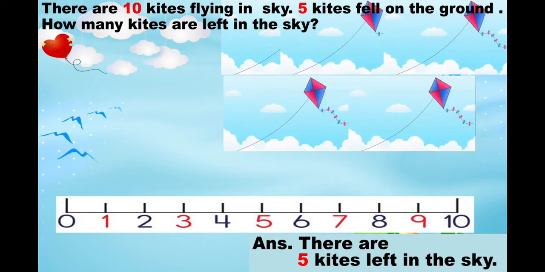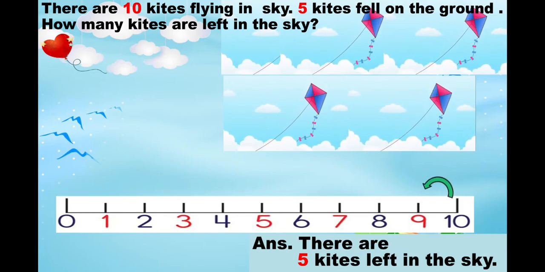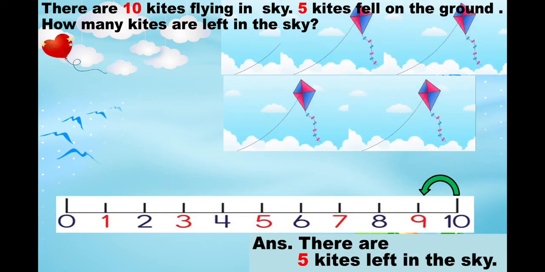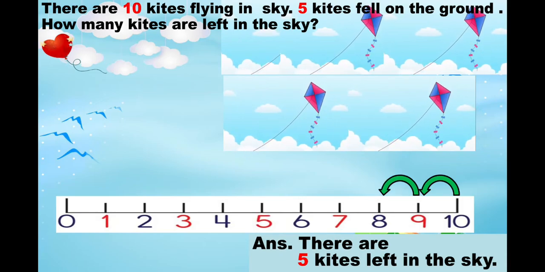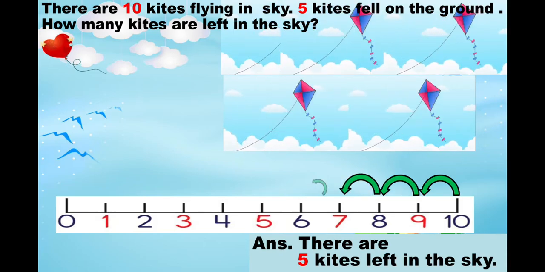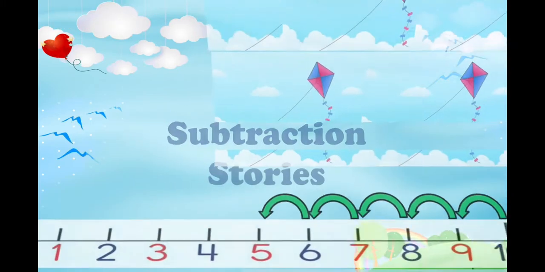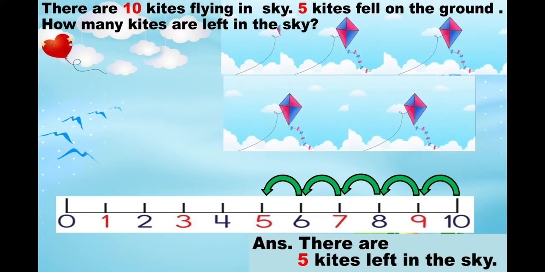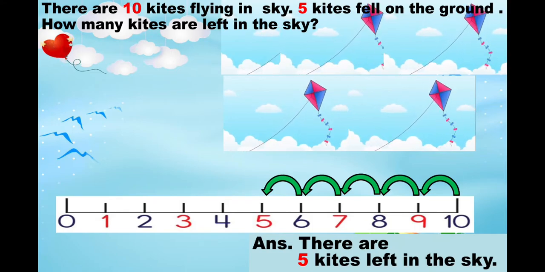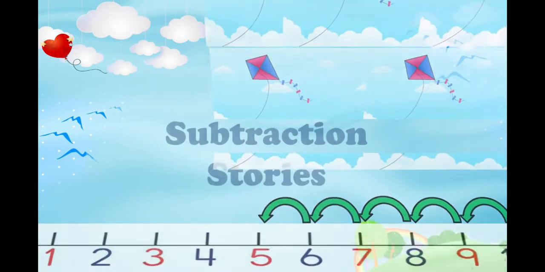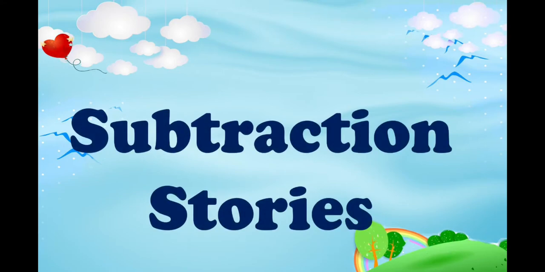So let's use the number line. From 10 to 9, 8, 7, 6 and 5. So the answer is, there are 5 kites left in the sky. Okay. The next, subtraction stories.